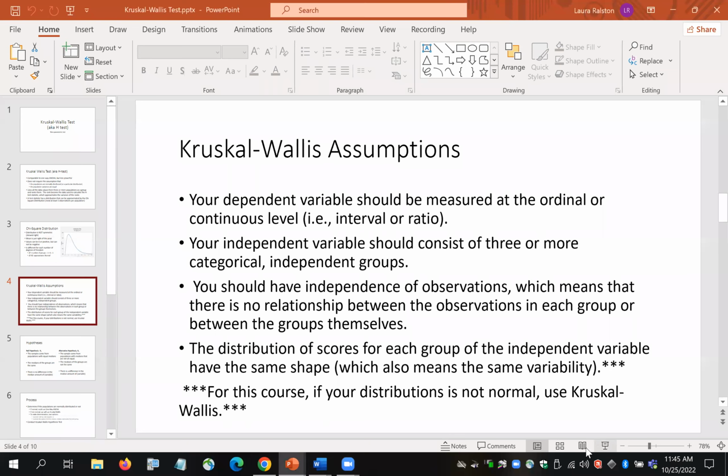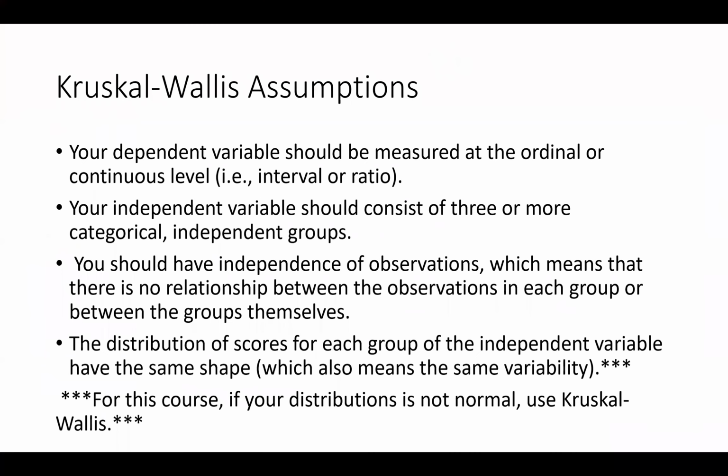Okay, so as with many of the tests that we do, there are still some assumptions that we make about Kruskal Wallis. One is that our dependent variable, your Y, your output, is measured at the ordinal or the continuous level, meaning it's either at interval or ratio. But typically it's going to be at the ordinal level, that idea of being ranked. Your independent variable consists of 3 or more categorical independent groups.